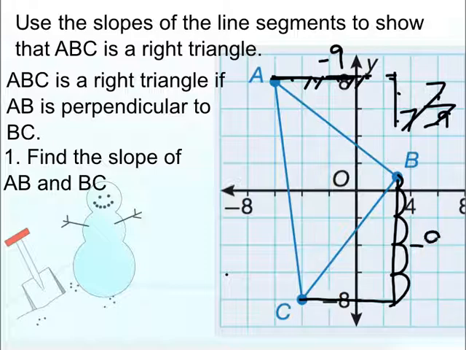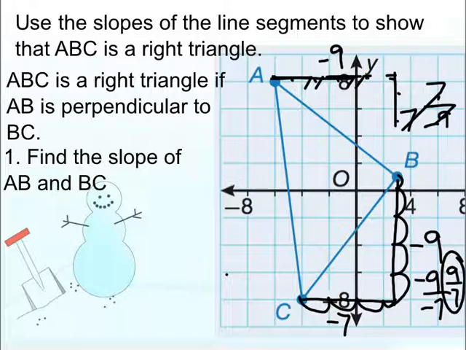So I go down 9, and to the left 1, and then 3, 5, 7. So to the left 7. So I get a slope of negative 9 over negative 7, which means my slope is just 9 over 7. Meaning if I have 9 over 7 versus negative 7 over 9, these would be perpendicular. So yes, this is a right triangle.